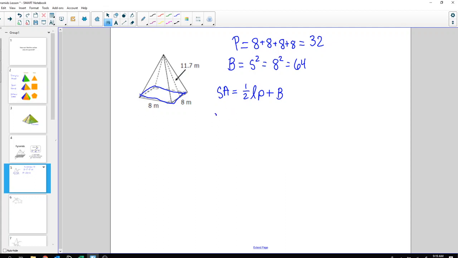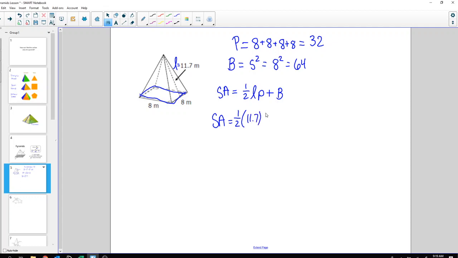So surface area here, if I go back to my picture, which one of these would be my slant height? That's this one here, because it goes right on the outside of that triangle. And again, area of a triangle is 1/2 base times height, which is this here, is the area of all 4 of those triangles.